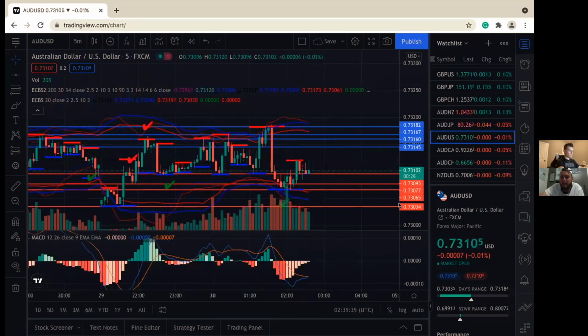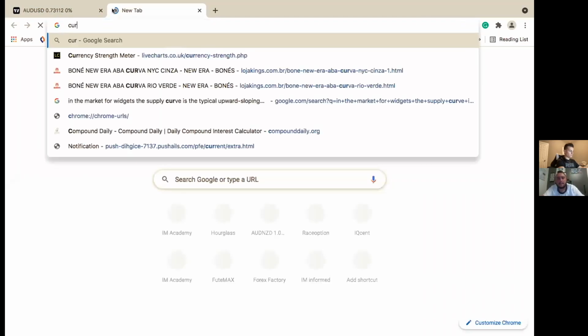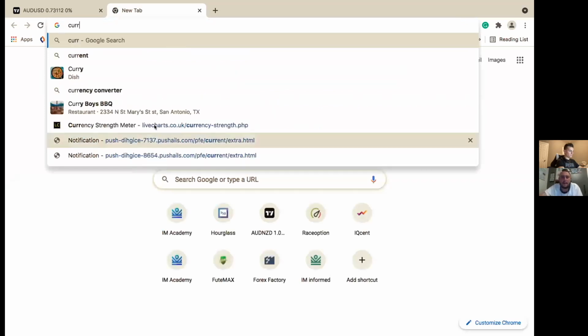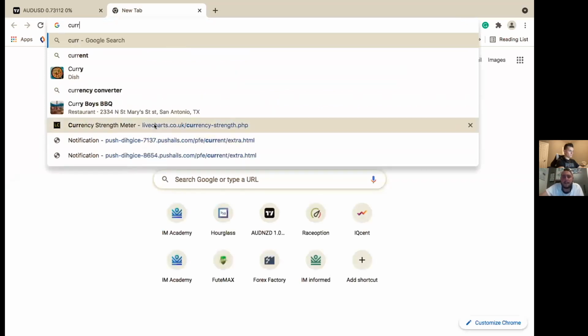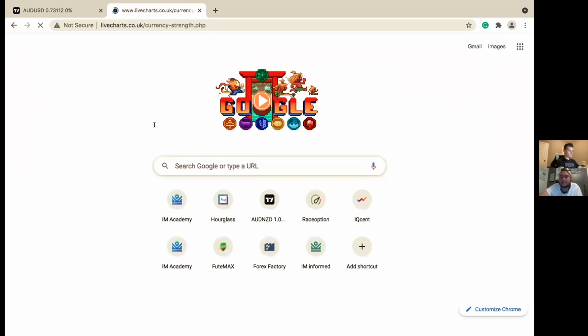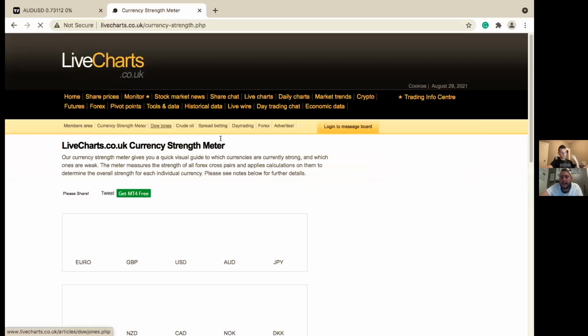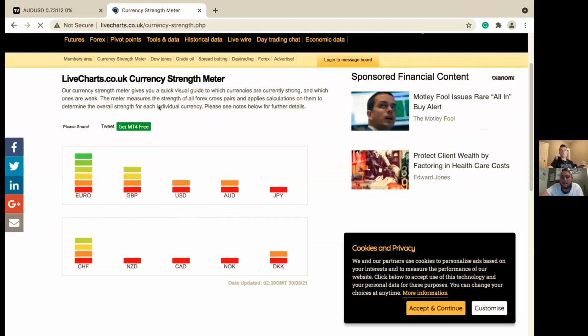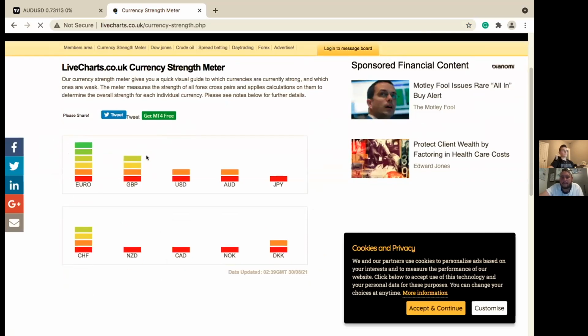I'm just waiting to see what the market is doing. I come to the currency strength meter, livecharts.co.uk currency strength, and I always look at which pair is stronger and which is weakest.